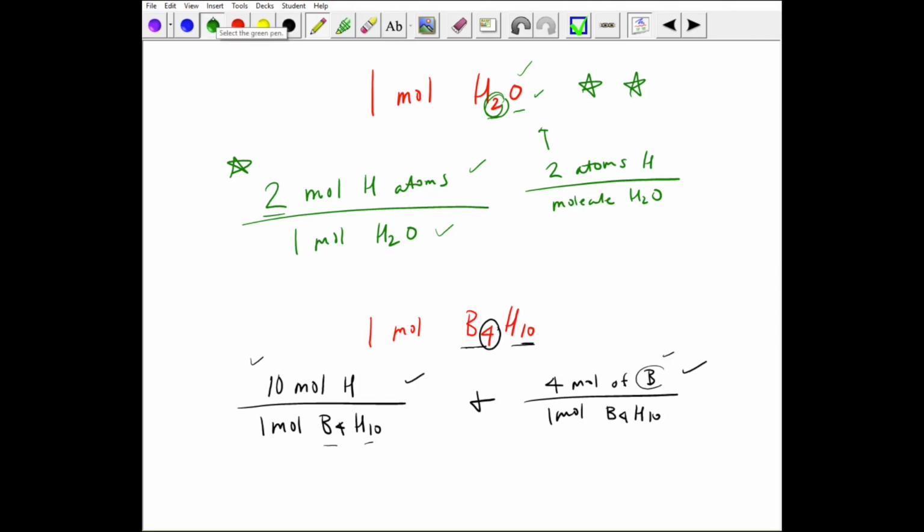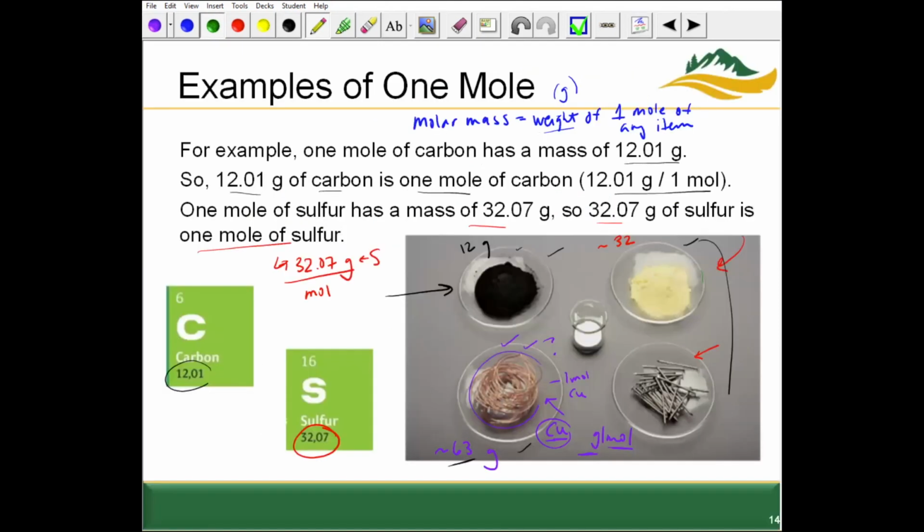You may be wondering why we have 4 moles of boron per 1 mole of B4H10. How does that work? If this is our whole molecule, and in 1 mole of this molecule, we actually have 4 moles of boron. Well, coming back here for a second, we know that a mole of carbon looks pretty different than a mole of sulfur, looks pretty different than 1 mole of copper.